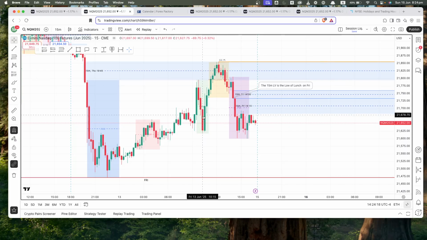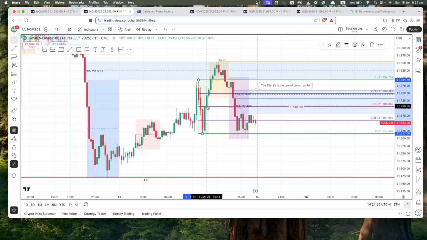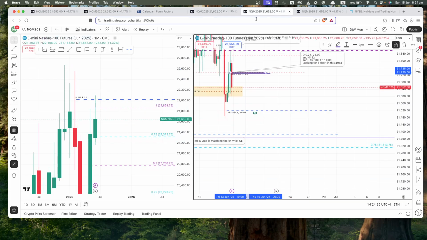So any place in this area, price can retrace a bit higher, but I would like to see around the mean threshold or even up to here, and then come lower. So yeah, this is my bias for next week.